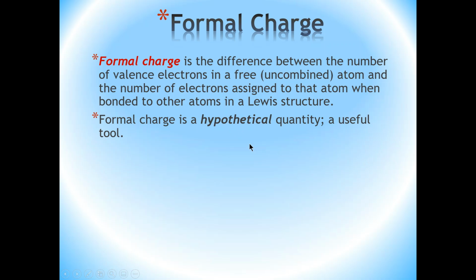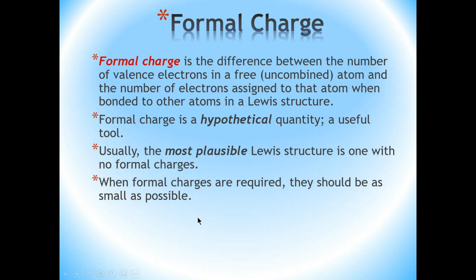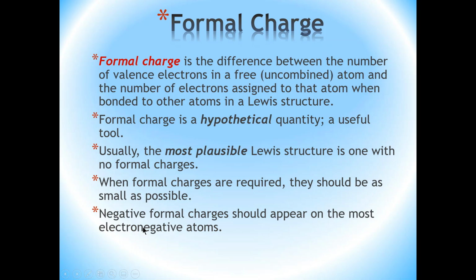The other thing you need to know is that usually the best Lewis structure is one with no formal charges. That is true for most Lewis structures that are molecular. For ions, there will be a formal charge that would exist on a particular atom. When formal charges are required, they should be as small as possible, and we're going to see how we can achieve that in some examples.